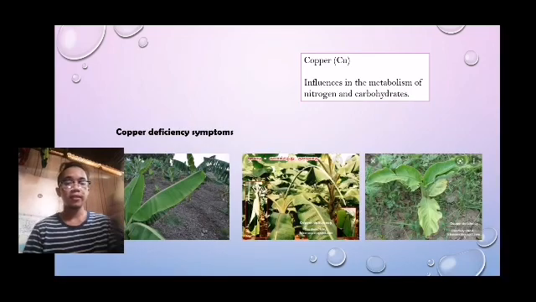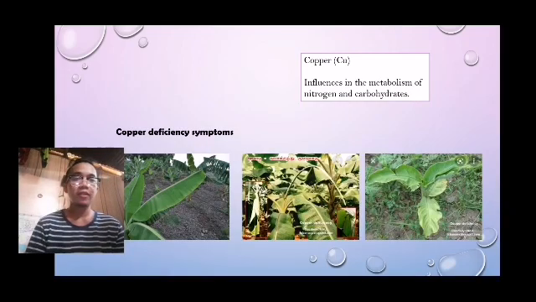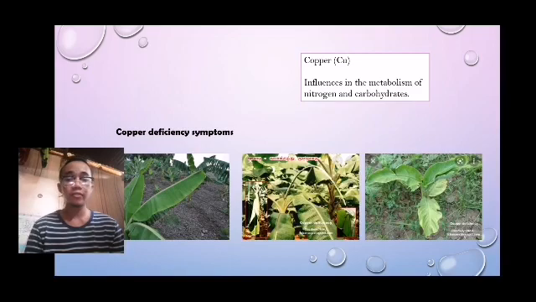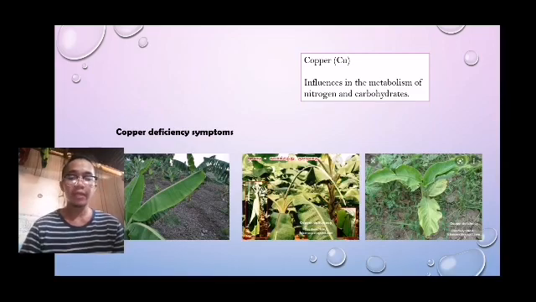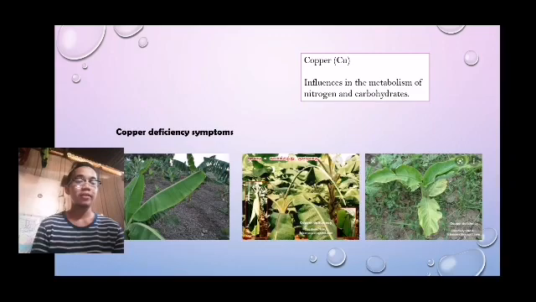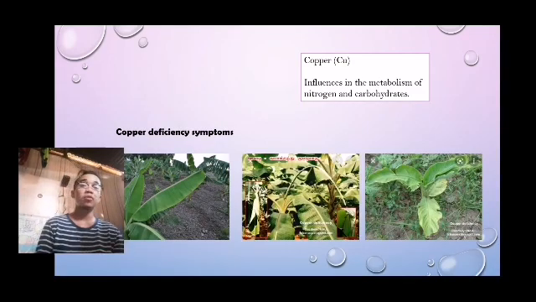The next and last one is copper. Its function is influence on the metabolism of nitrogen and carbohydrates. Copper plays an active role in enzymes performing key functions like respiration and photosynthesis, and copper proteins have been implicated in lignification, anaerobic metabolism, cellular defense mechanisms, and hormonal metabolism.